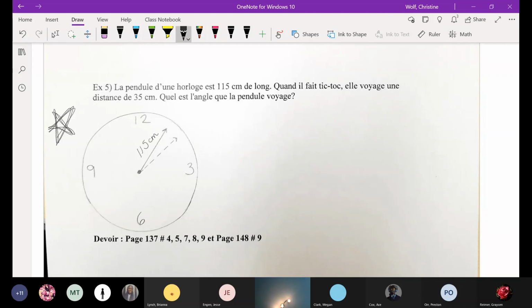Quand elle fait tic-toc, elle voyage une distance de 35 cm. So when this travels, as the clock moves on, ça voyage une distance de 35 cm. So la distance ici, c'est 35 cm et ça, c'est 115. Et la question dit then, quel est l'angle que la pendule voyage? So I'm looking for that angle.